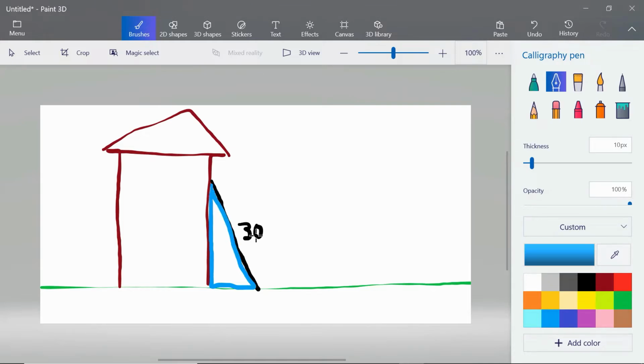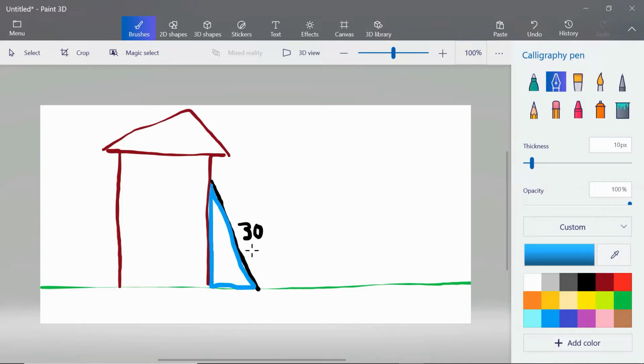And we know the hypotenuse of this right triangle is the 30-foot ladder. The base here we'll call B, the height we'll call A. And what we know about these three lengths, at least the relationship between these three lengths, is that A squared plus B squared equals C squared.